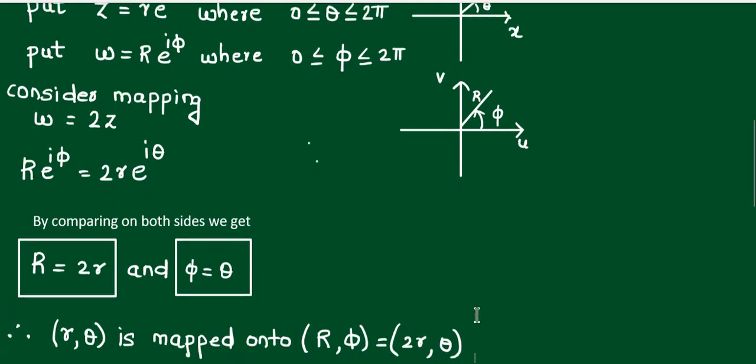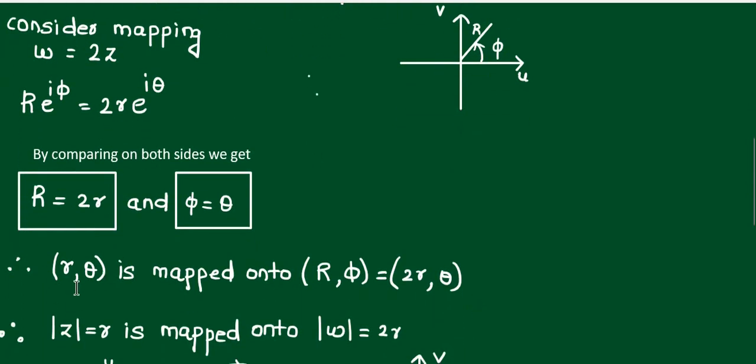So, take any point r theta in the z plane, it is being mapped to R phi. You know, capital R is nothing but 2r and phi is nothing but theta. So, there is no change in the angle, theta remains same, but there is change in the radius. So, if it is r here, it is 2 times r in the w plane.